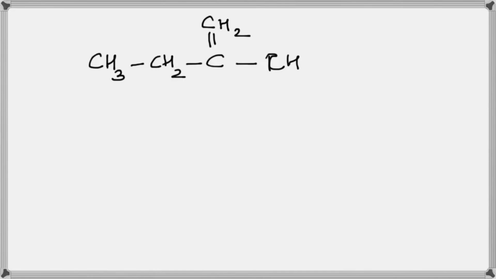Now we will take a few examples and decide the hybridization of each carbon atom in the molecules given. Let's begin with CH3, CH2, C, double bond CH2, CH3, and in this molecule we are going to decide the hybridization of each and every carbon atom starting from the left.